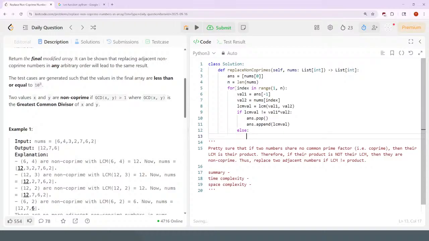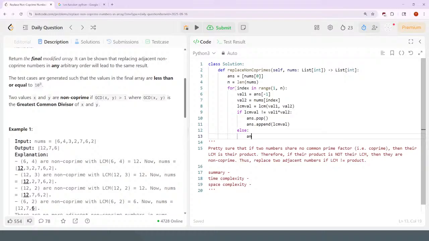else I need to take this value, whatever the current value is, separately.